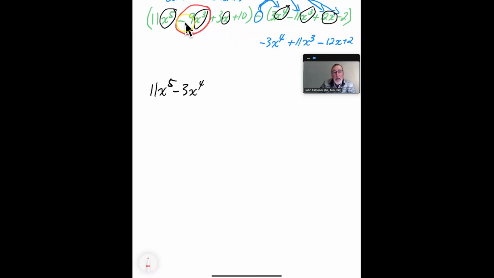So we can apply the same rule we use for negativity. The signs are different, and we're going to combine them. So we're going to take the difference between the two numbers. The difference between 9 and 11 is 2. And we're going to retain the sign of the number with the larger absolute value, which is 11. And then we just have to add our units, which is x cubed.